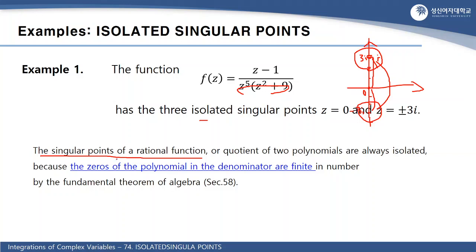However, we can generalize this case. In general, singular points of a rational function or quotient of two polynomials are always isolated because the zeros of the polynomial in the denominator are finite in number by the fundamental theorem of algebra, which is described in section 58.